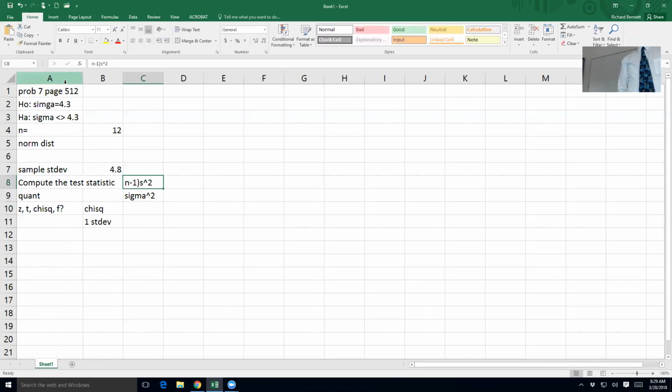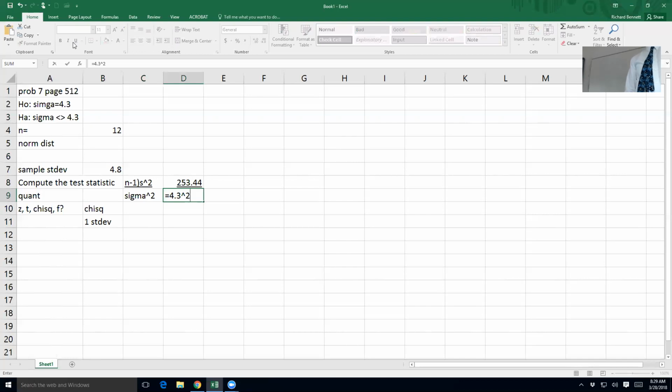Okay, that's the equation I'm going to use. I'll underline it so it looks like a fraction. So my n minus 1 is going to be 11 times my s, which is 4.8 quantity squared, and my denominator is 4.3 quantity squared. Where did you get the 4.3 from?